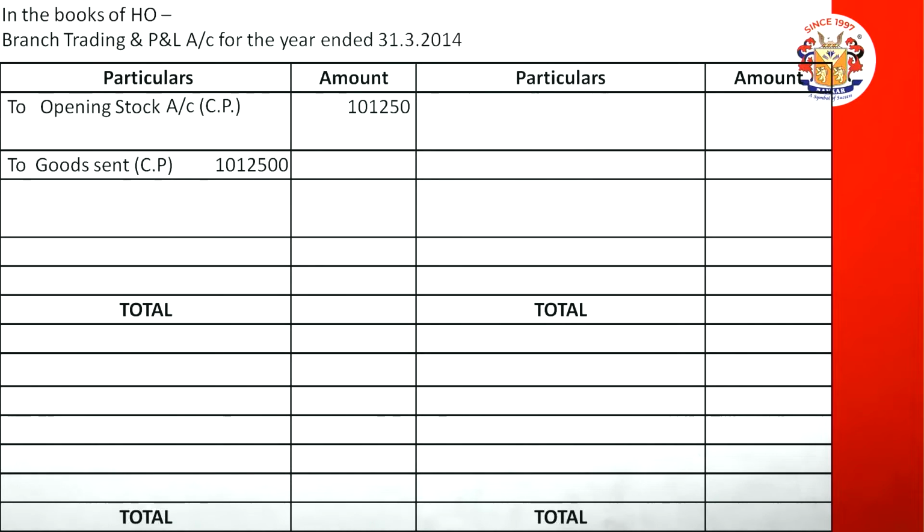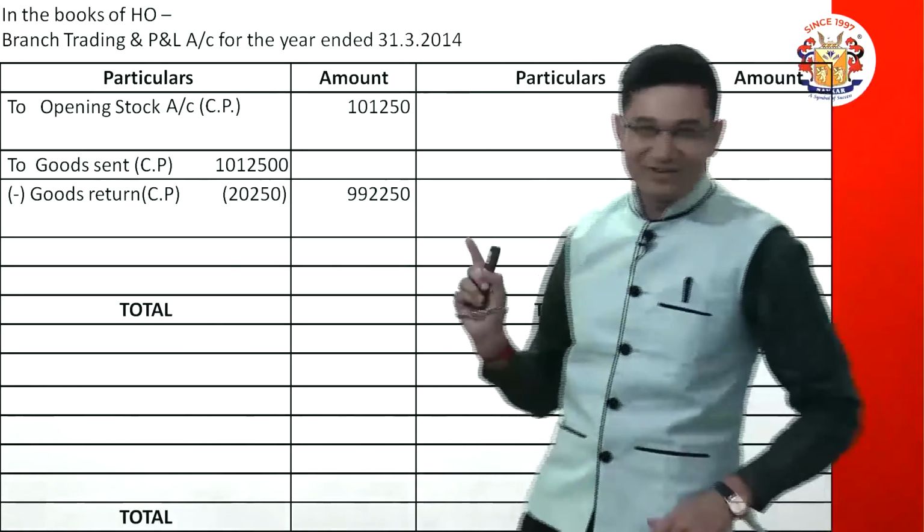Next one, goods sent to branch at cost price 101250 less goods returned by branch to HO 20250. Ultimately we will get net amount, means net cost of goods sent to branch 992250.